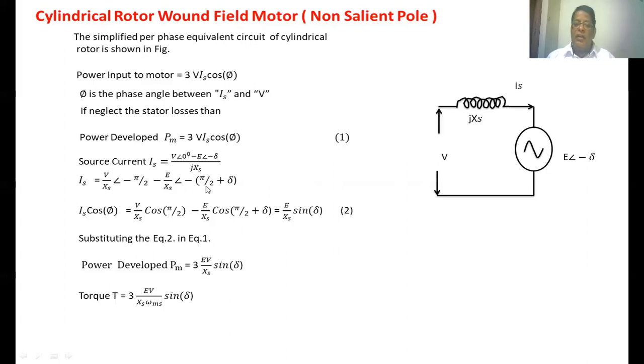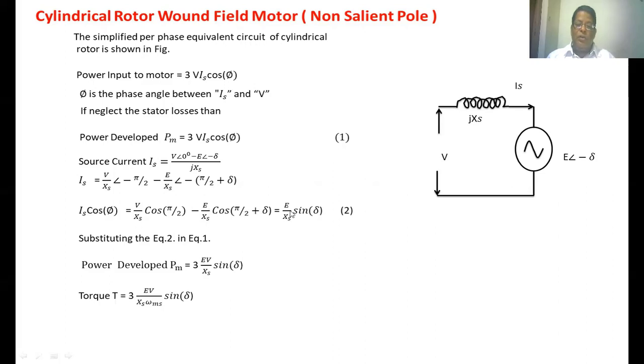This is the expression for the current passing through this circuit. Now we will find the cosine of this current angle: Is cos phi equals V by Xs cos pi by 2 minus E by Xs cos of pi by 2 plus delta.